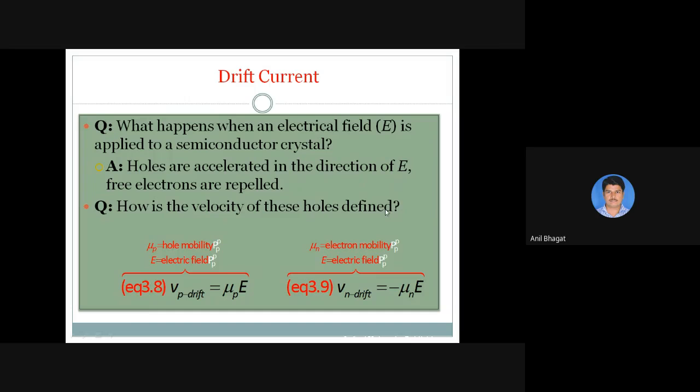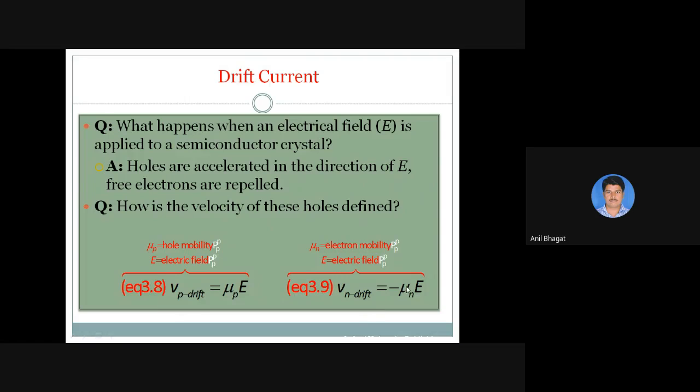How is the velocity of the hole defined? The velocity of the hole, Vp drift, is equal to mu p multiplied by E. Mu p means hole mobility and E means electrical field. This is a very important formula, keep it in mind. Like the velocity of light, 3 times 10 raised to 8 meter per second, similarly the velocity of the hole is equal to mu p multiplied by capital E, the electrical field.